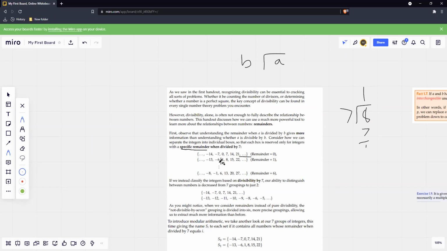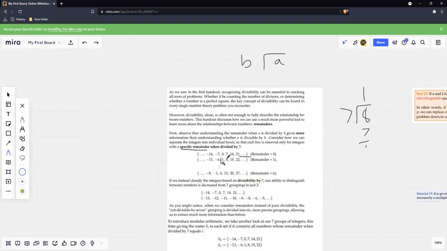And then for negative numbers, since negative 7 has a remainder of 0, if we add 1, we get negative 6. Well, actually we can, but it'll be a bit confusing.